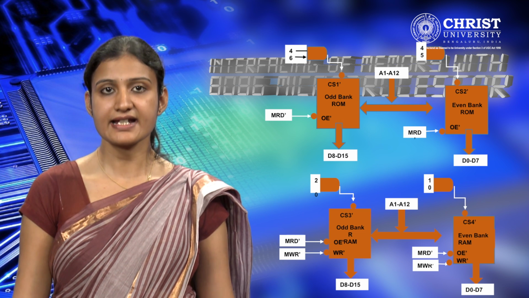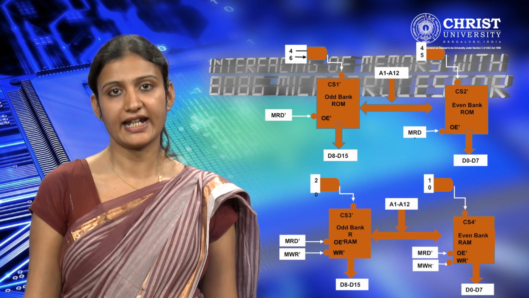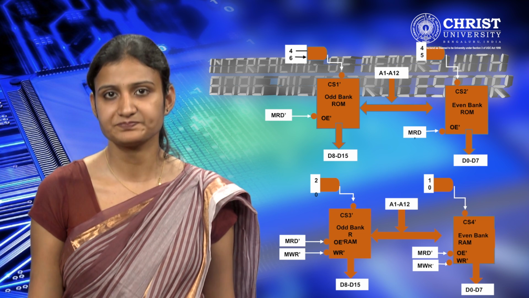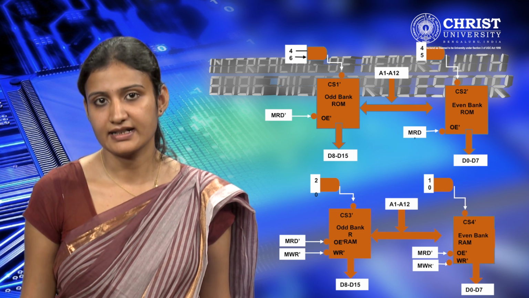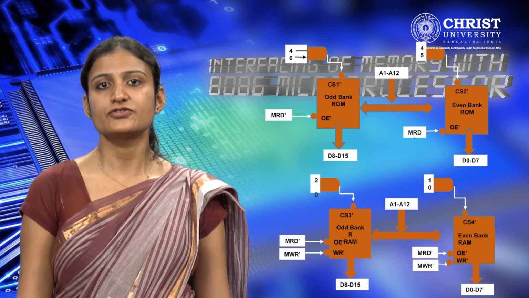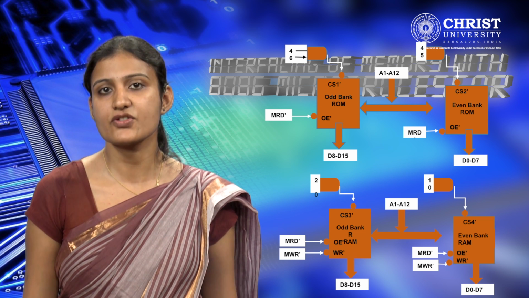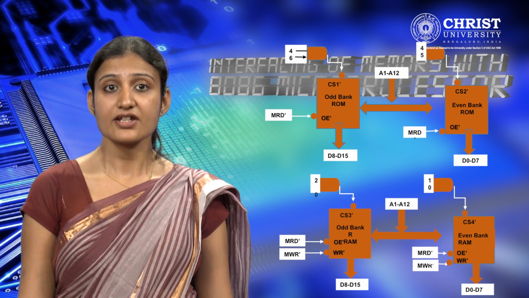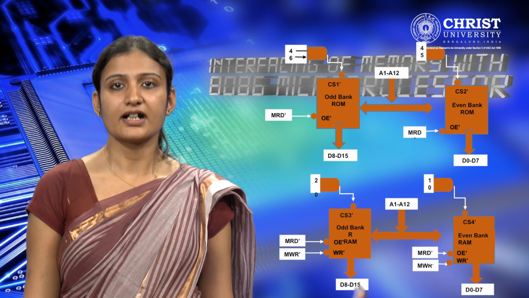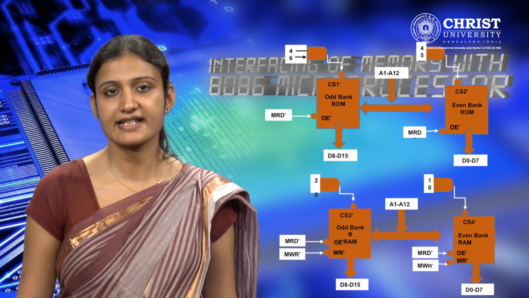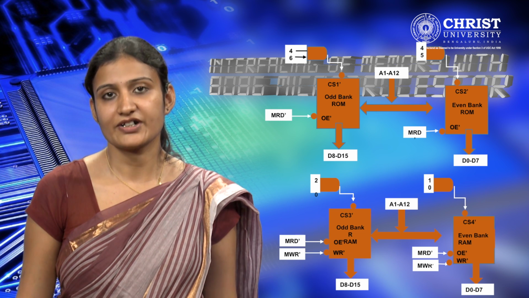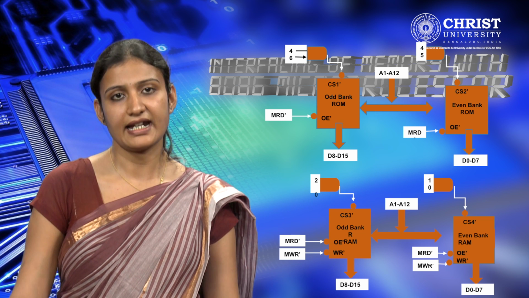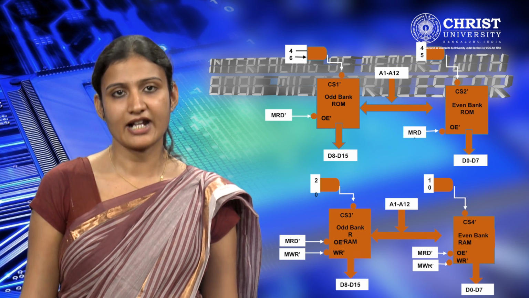Enables are connected to A14 to A19 of the address lines. Now, we are drawing 4 chips in parallel. The address bus of those chips, that is A1 to A12 lines, and only one control signal for ROM, that is MRD bar, and both the control signals for read and write, that is MRD bar and MWR bar, for RAM.